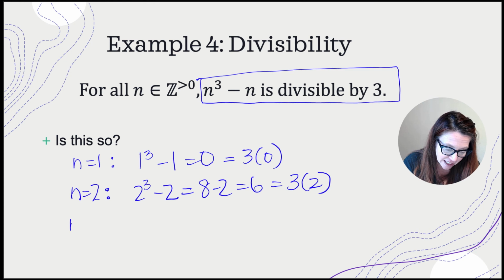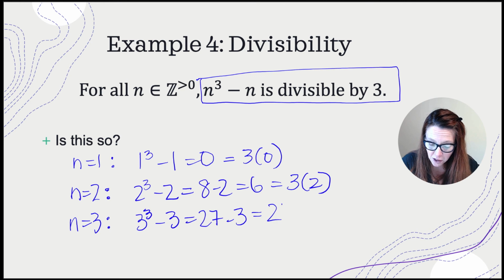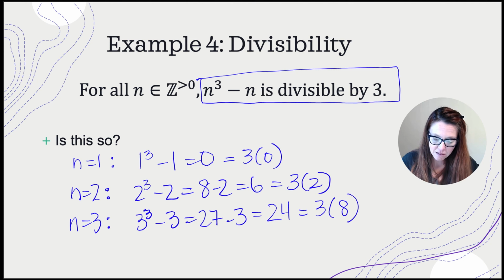How about n equals 3? 3 cubed minus 3 is the same as 27 minus 3, which is 24. Or you can represent that as 3 times 8. And you could try other examples, but maybe that's enough to help you see that you believe it will be true.